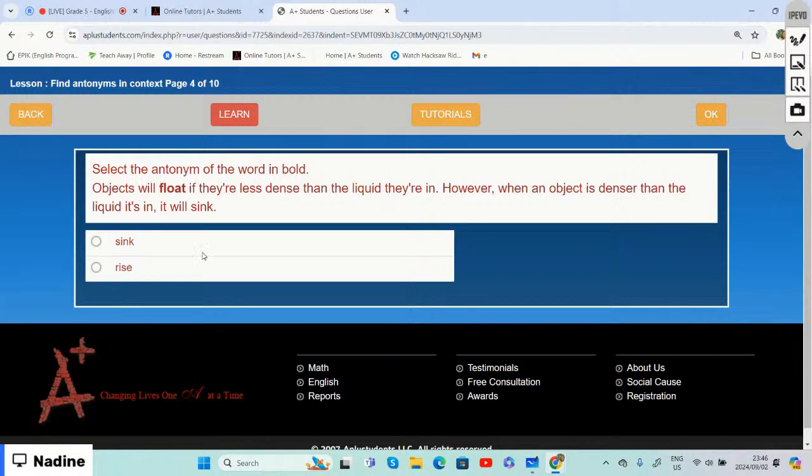All right, and if we were to find the word that is the opposite of float, then we can say it is sink.